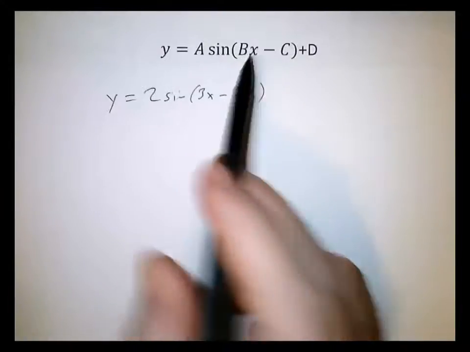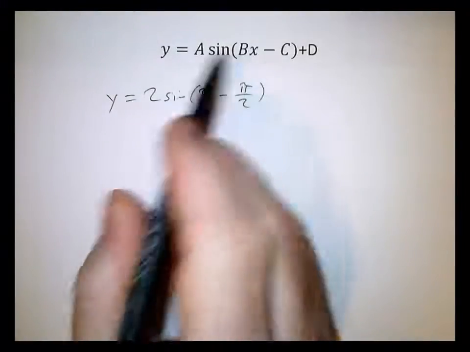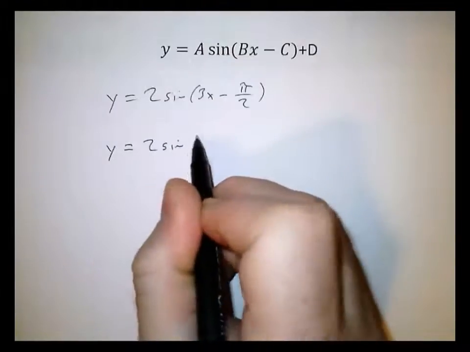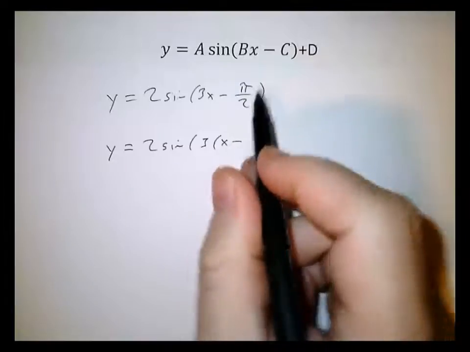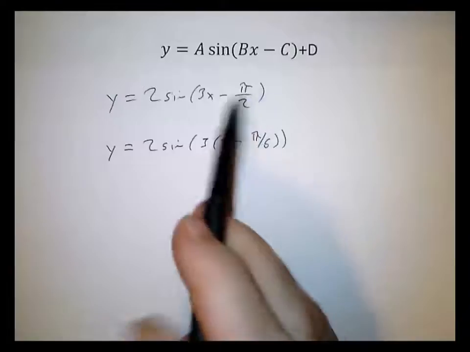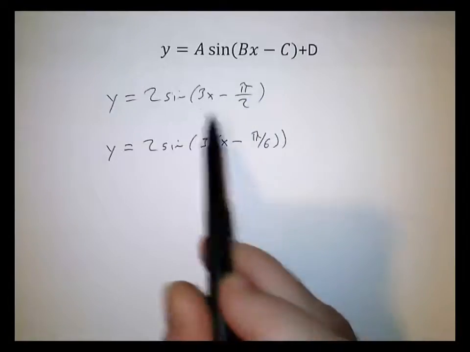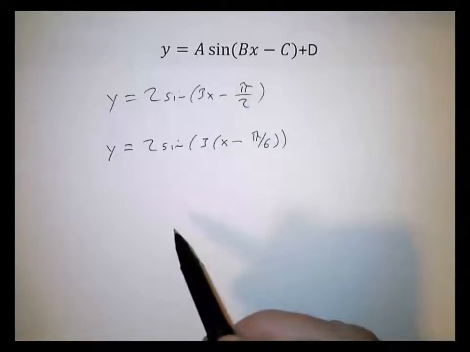We have to take that into account. And so first what you have to do is factor the b out of there. So if y equals 2 sine, you have a 3 times x minus, this divided by 3 is pi over 6, right? And you can see that because if you distribute this, 3x is 3x, 3 times pi over 6 is pi over 2. So you can get that.